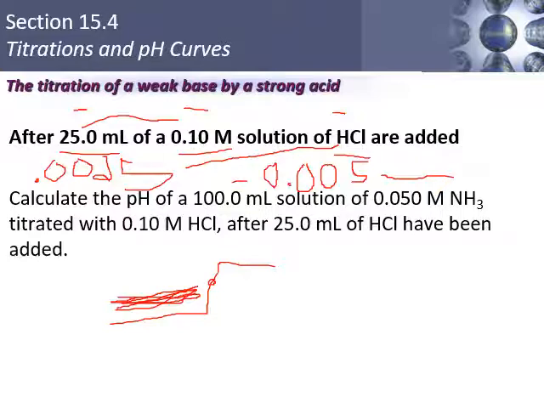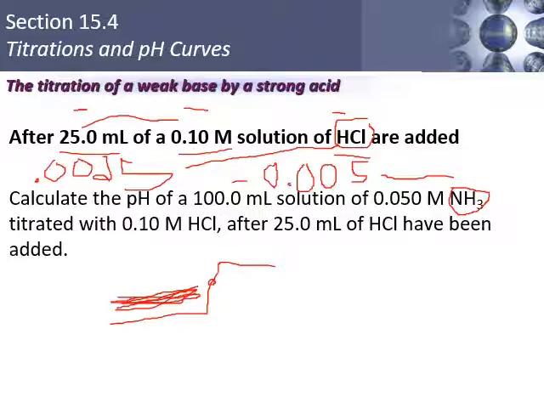In other words, we're halfway to the equivalence point. Remember and keep this in mind that the best acid adds to the best base. And it's clear here that this is the best acid, and that this is the best base. So you really don't have to rack your brain trying to figure out which one of these is going to react with the other. It's going to be the NH3 and the HCl.